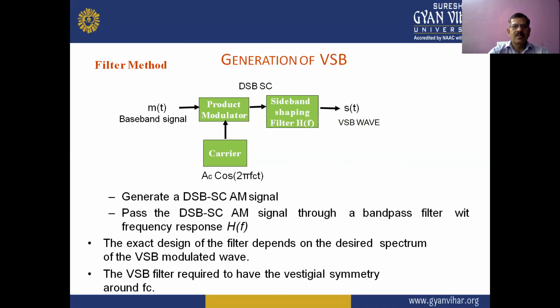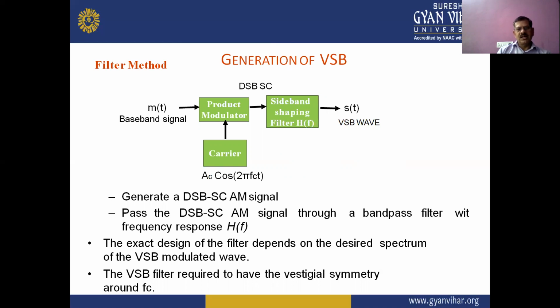After the product of these two signals, the DSB-SC signal is applied to the sideband shaping filter H(f), and after this filter the output is s(t), that is the VSB waveform.